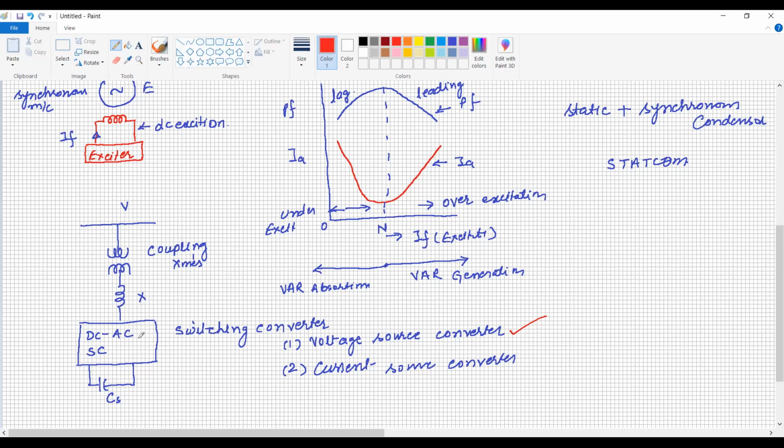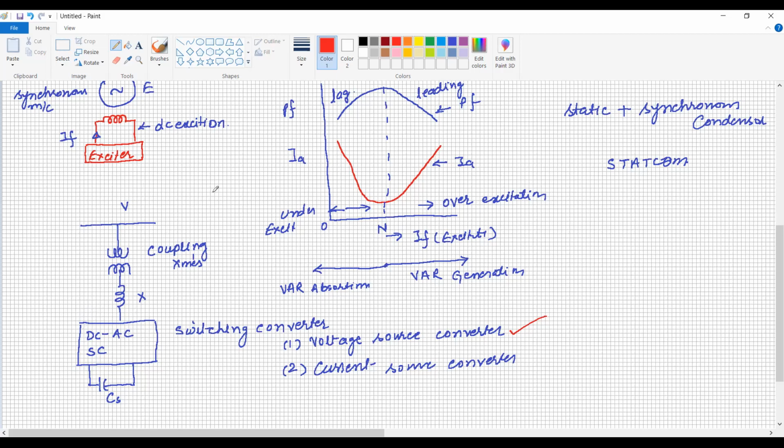It does not require any external capacitor and inductor. This inductor is the leakage reactance of the transformer. It is not like an external inductance has been connected. It is only the leakage reactance of the transformer. Therefore, we can say that it is a static synchronous condenser, and the name becomes Statcom.